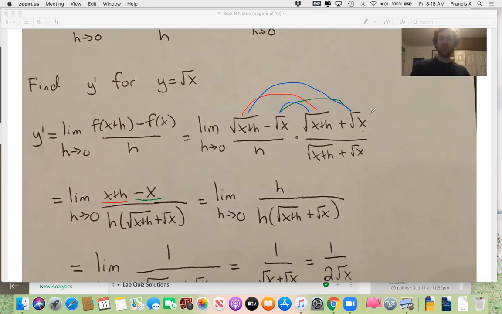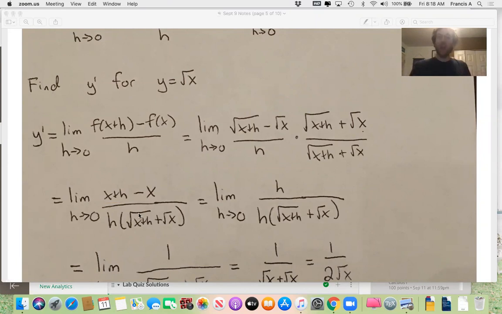And so those outer terms and inner terms cancel each other out and add up to 0, so those don't show up when we're done. So this multiplying by the conjugate is exactly the move that we need because we get rid of all the square roots. And then we can proceed with the simplification.